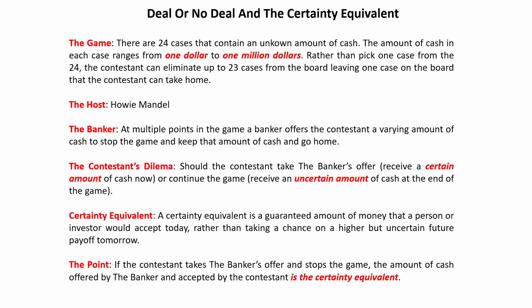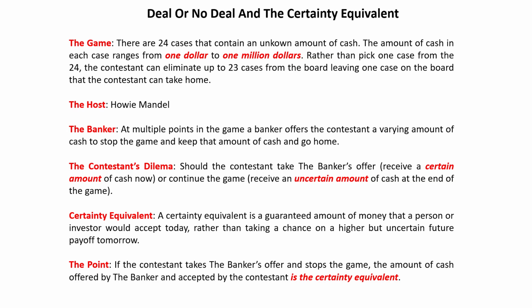So every time the game stops, the banker offers an amount of cash to the contestant to stop the game rather than take his chances on picking the right case. So this is the contestant's dilemma. Should the contestant take the banker's offer and receive a certain amount of cash now, or continue the game, where he receives an uncertain amount of cash at the end of the game?